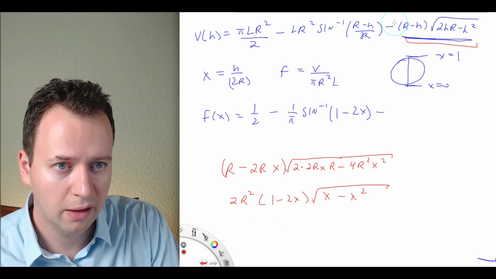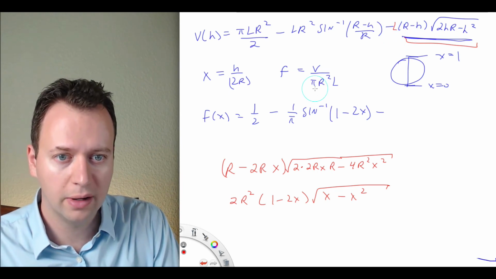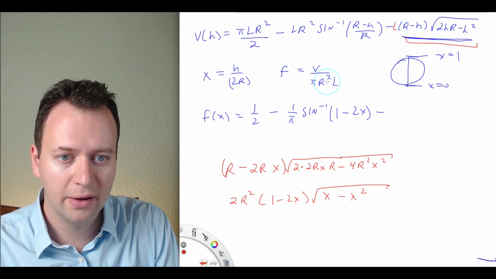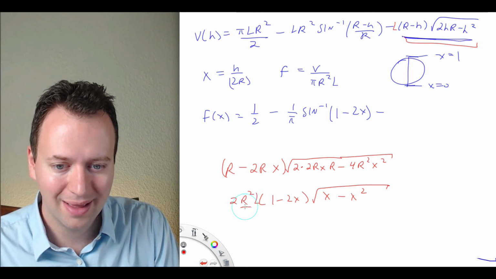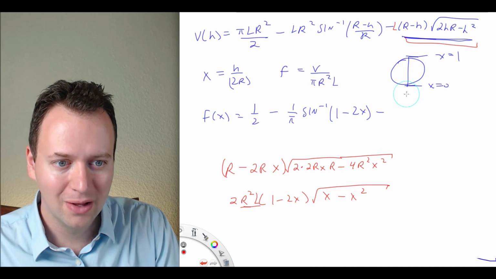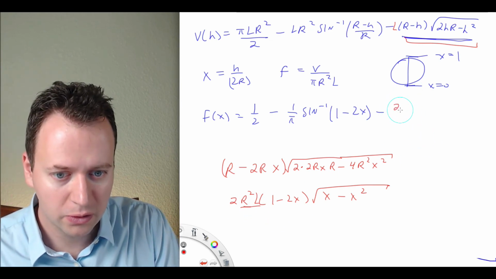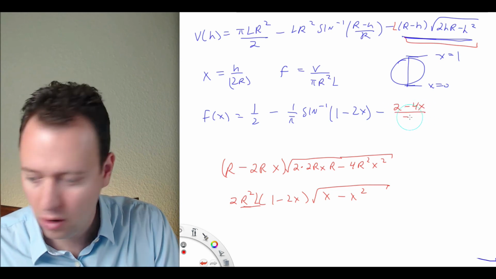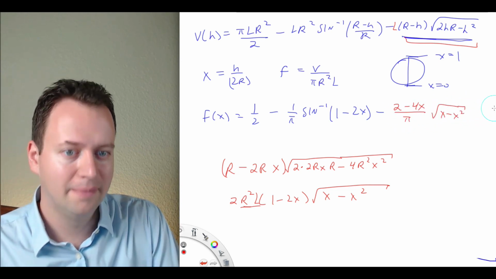There should be an L here. So L r squared, then when we divide it by pi r squared L, the r squared L cancel out, so it's 1 over pi, then 2 times this, so it's 2 minus 4x all over pi times the square root of x minus x squared.